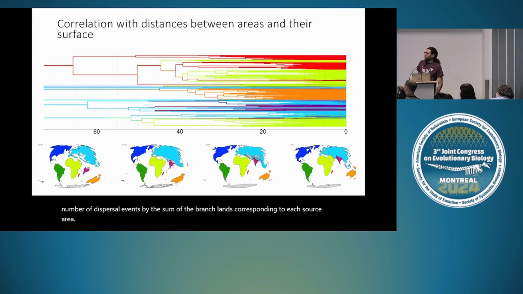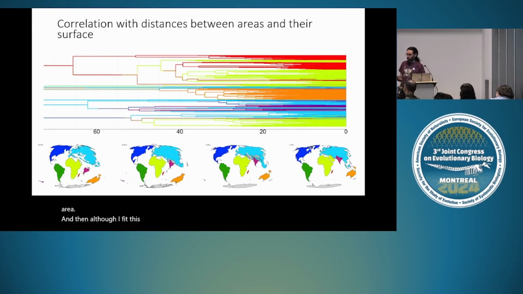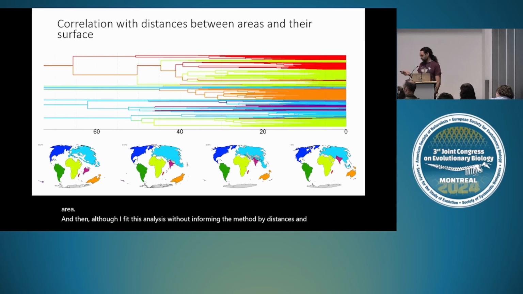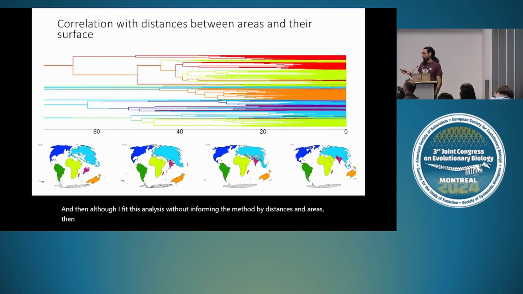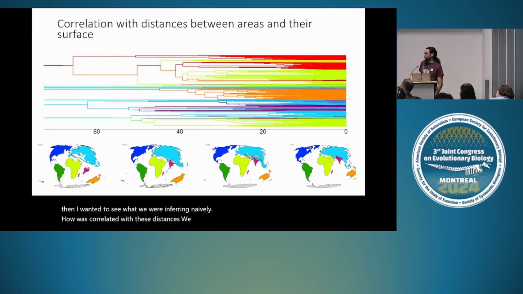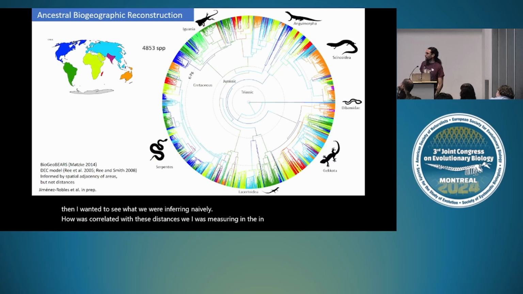And then, although I fit this analysis without informing the method by distances and areas, I wanted to see what we were inferring naively, how it was correlated with these distances I was measuring in the plate tectonic model.